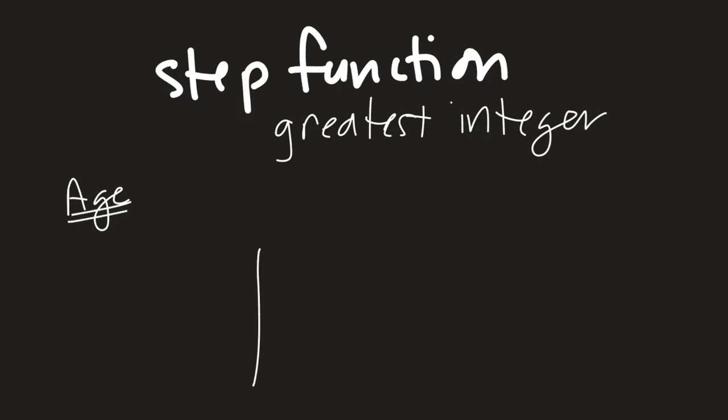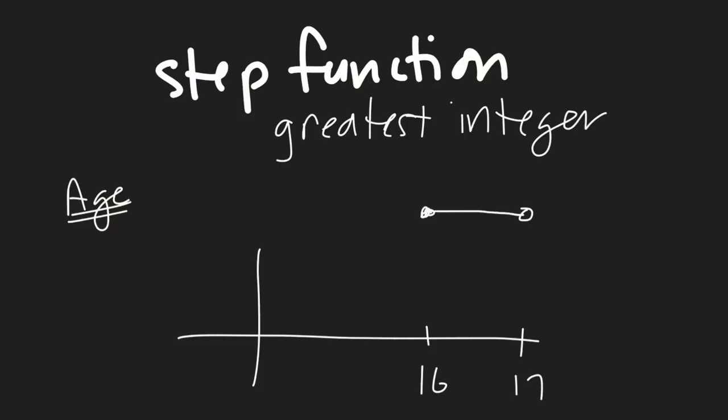Because if this is your years, the years that you've been on the earth, 16, 17 years, anywhere between your 16th year and your 17th year, we are 16 years old. So 16 and a half, you say you're 16. 16 and a quarter, you say you're 16. 16 and 2 days before your birthday, you still say that you are 16.